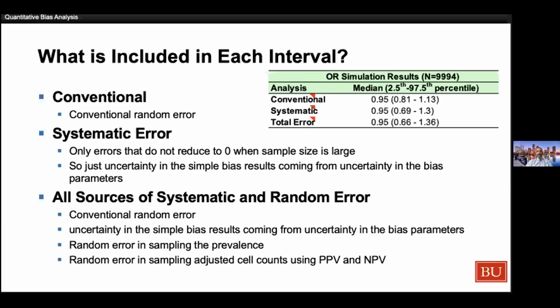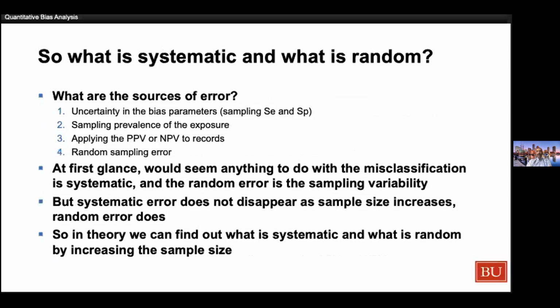And then the total error interval is supposed to account for all the sources of error, the systematic error and the random error. And so that's why the total error interval should always be wider than each of the two remaining intervals. Because again, I want to account for all the sources of uncertainty in my data, both systematic error and random error. And so that's where we get back to the question that I really wanted to answer here.